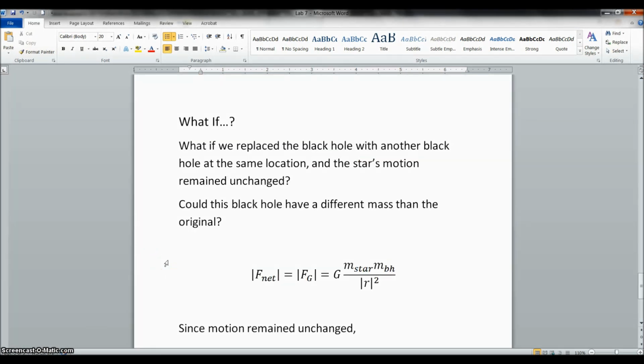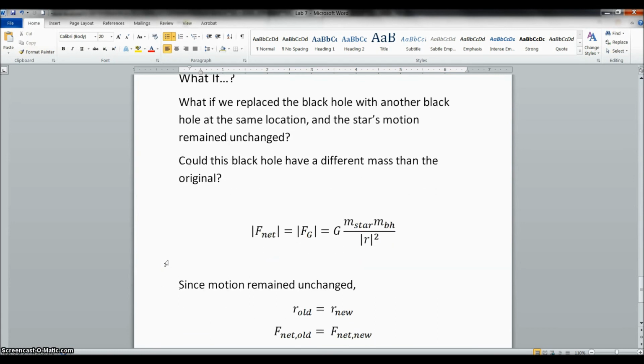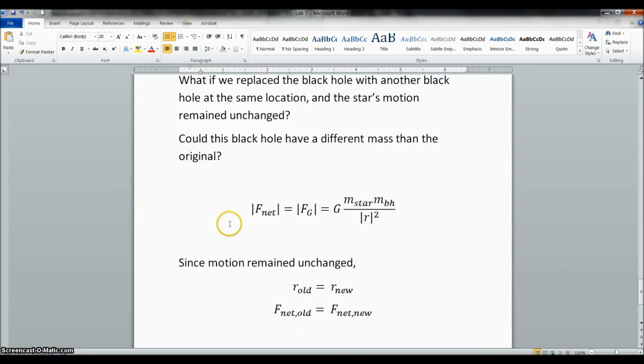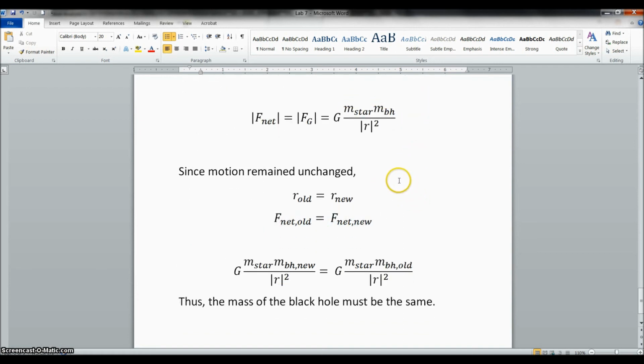So now I'm going to go to the what if question, which is what if we replace the black hole with another black hole at the same location and the star's motion remains unchanged? Could that black hole have a different mass than the original? We know that the only force acting on the star is the force of gravity, which is directly proportional to both the mass of the star and the mass of the black hole. We also know that since motion remained unchanged, r old equals r new. And since F net is the second derivative times the scalar of r, we know that F net old equals F net new.